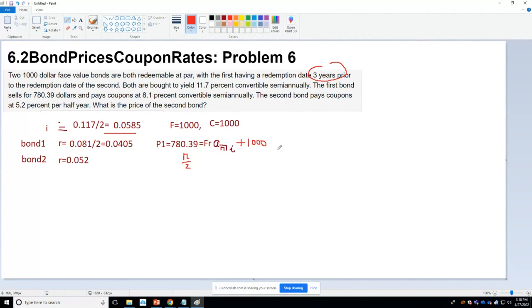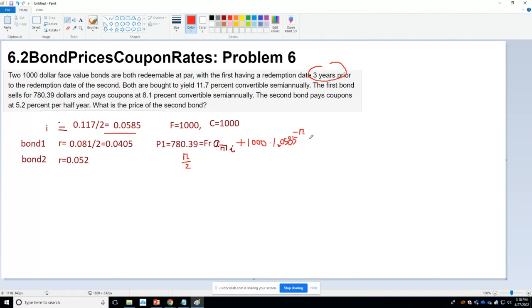So for this first price, it is discounted by 1.0585 to the power of negative n, because we have n half years, or n over 2 is the number of years, but n is the number of payments, the number of half years in the entire length.